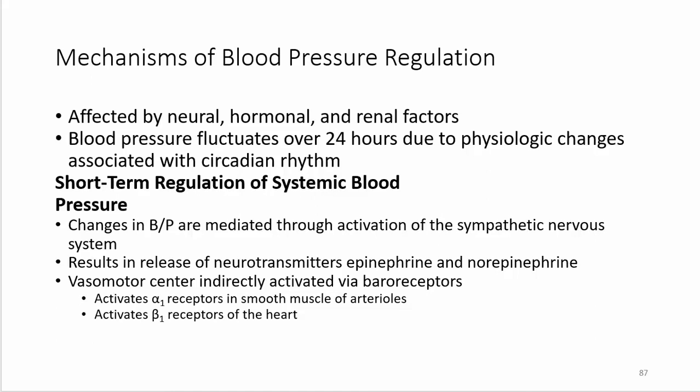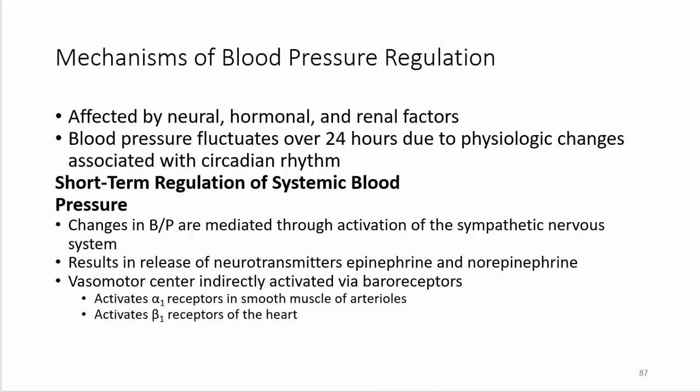Sympathetics increase contractility of the heart and therefore increase stroke volume, which increases cardiac output, which then increases blood pressure, or it increases heart rate, which increases cardiac output, which increases blood pressure.